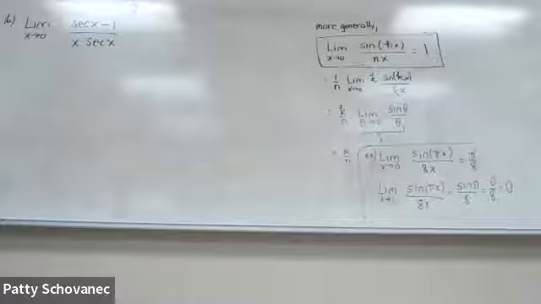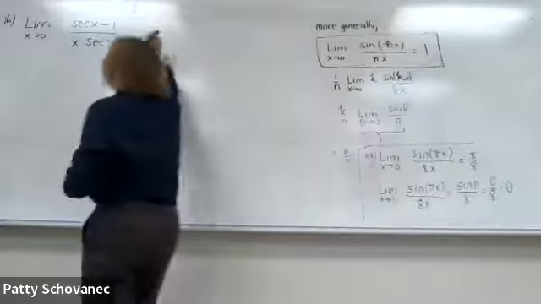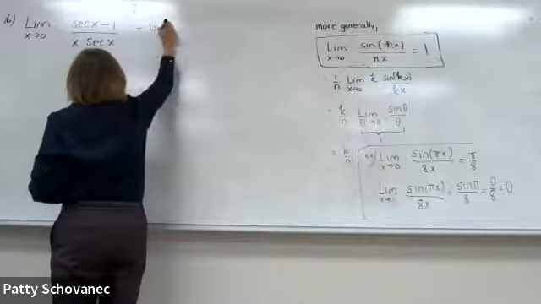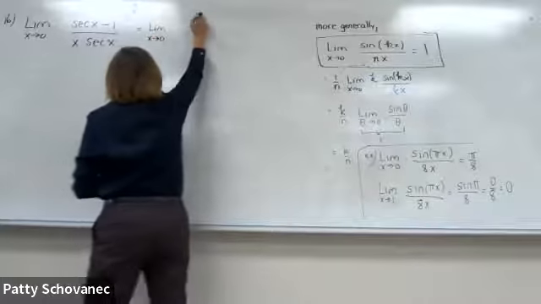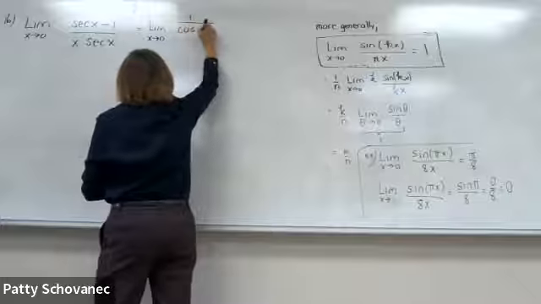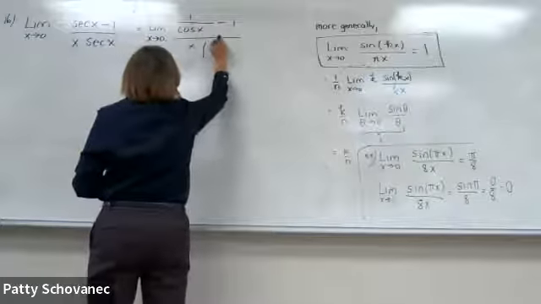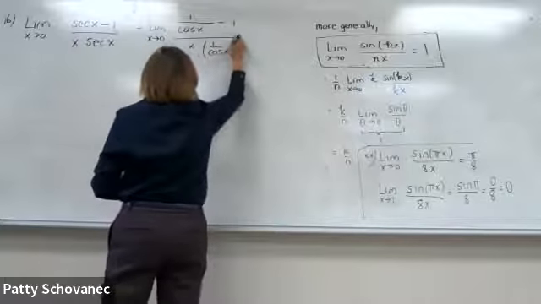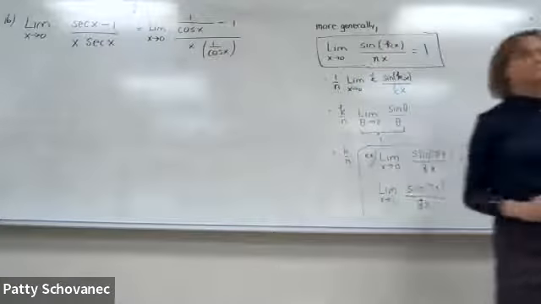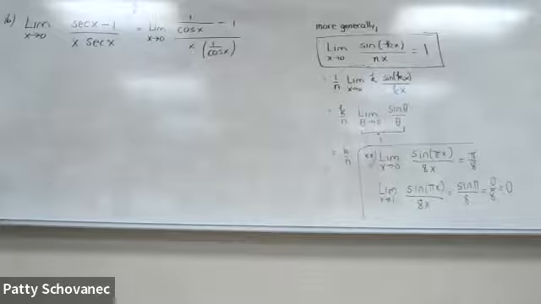So let's replace every secant with 1 over cosine of x. What do you want to do next? Anything hit you that you might want to try?